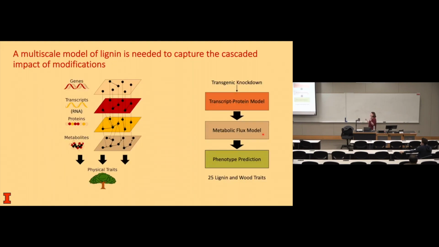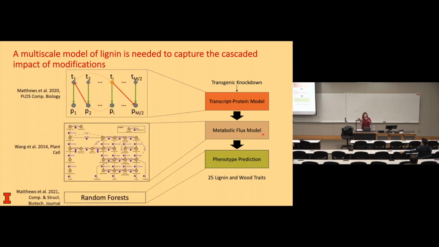Which is why we then decided to create this multi-scale model that captures all of these different layers of biological organization to capture the cascaded impact of the modifications going through. And this model that we developed is composed of three main parts.